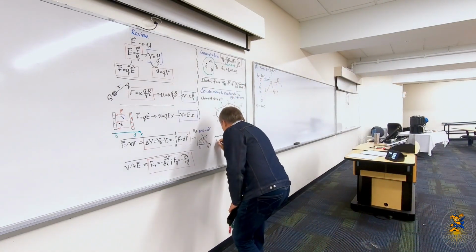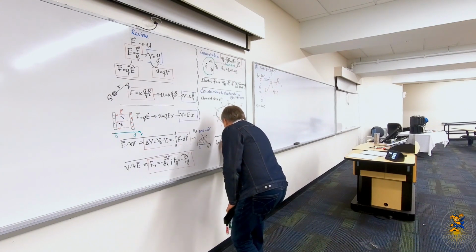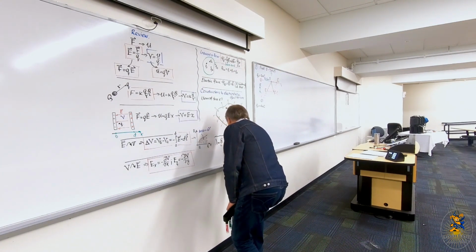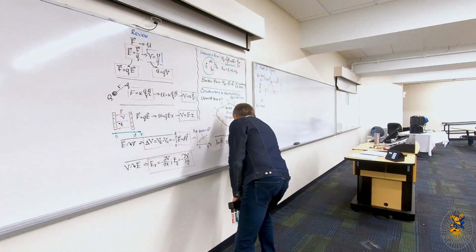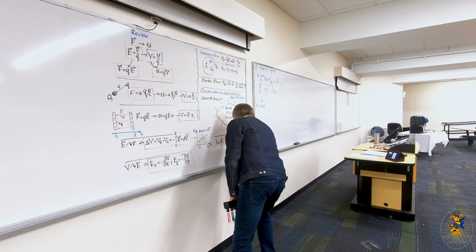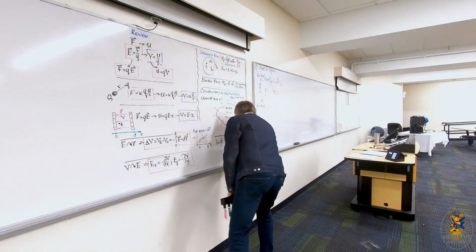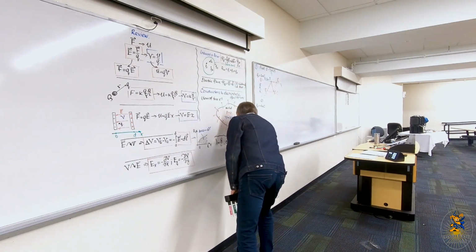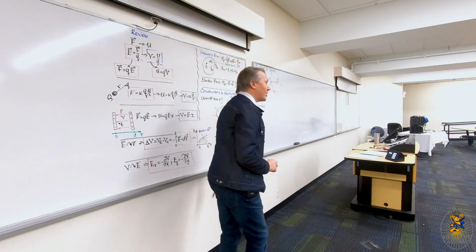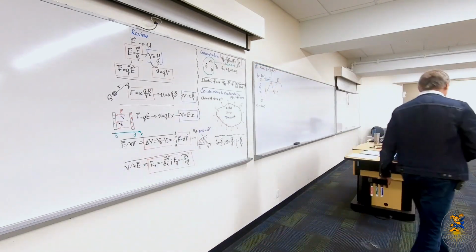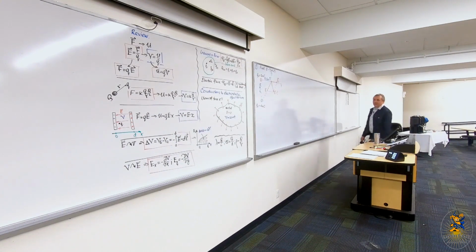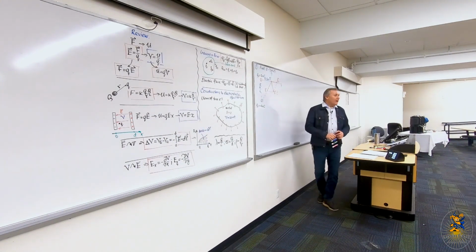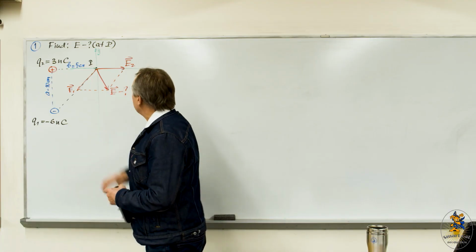So a linear charge density, charge divided by the length, surface charge density, charge divided by the area, and volume, rho, charge divided by the volume over which that charge is distributed, right? Okay, so we can find the magnitude of the electric field E2.